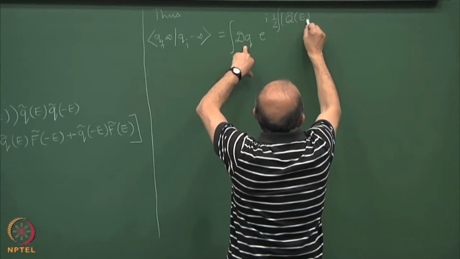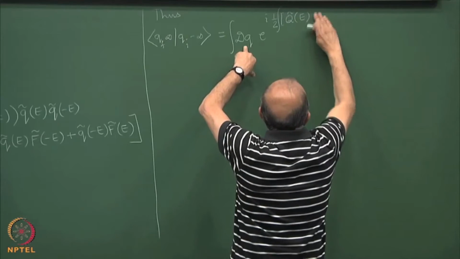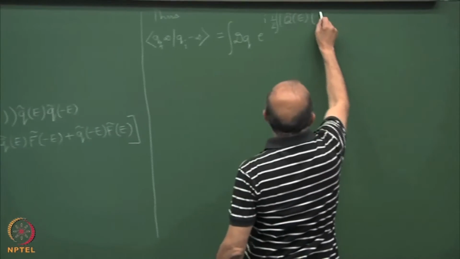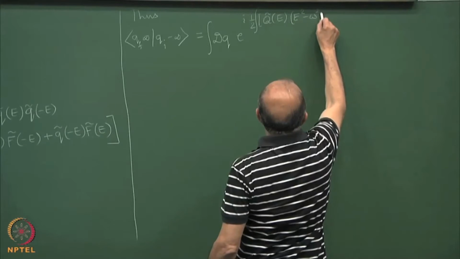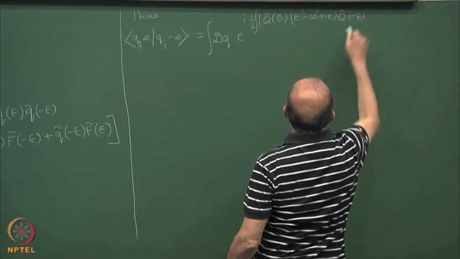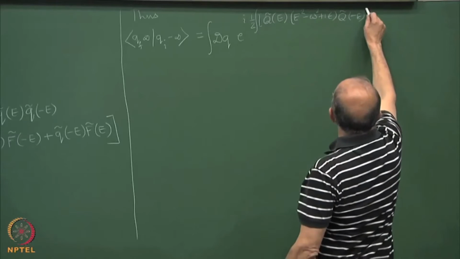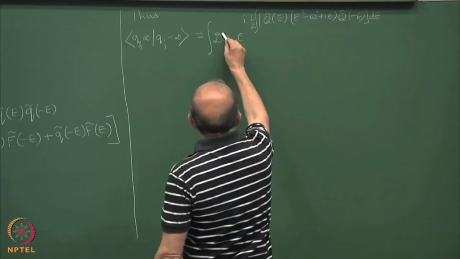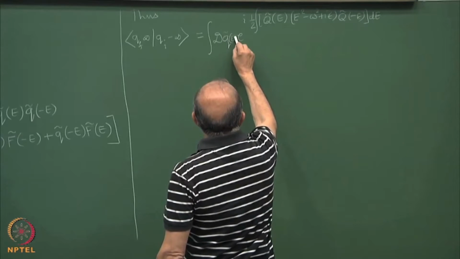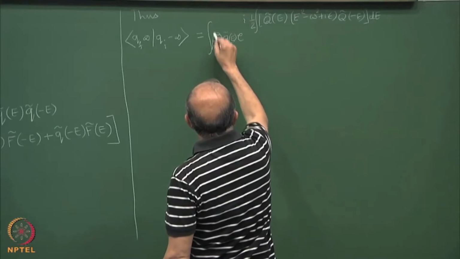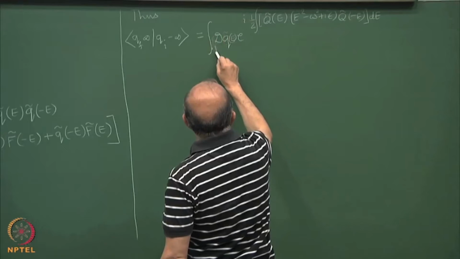Q tilde E, q tilde minus E, so this which we had taken out, of course, will multiply the whole thing. So into E squared minus omega squared plus I epsilon times q tilde minus E. So that's one term, dE, and so we will try to make it q tilde E but with some Jacobian. So let me just say times a Jacobian.